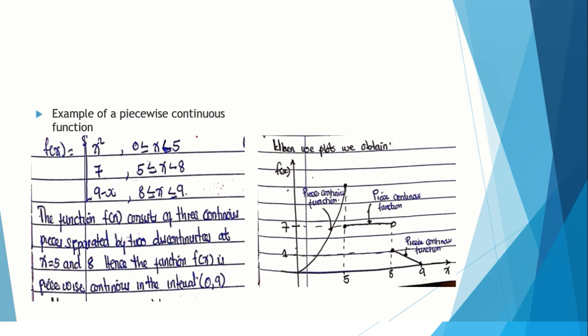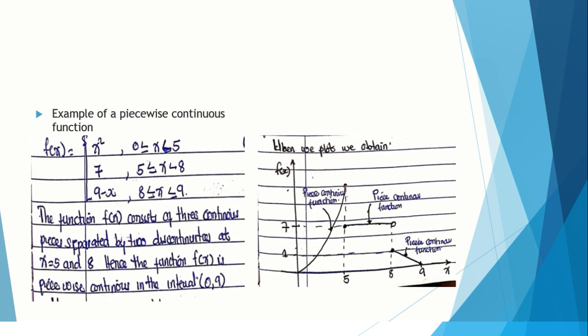For the first function x squared in that range, as we plot f(x) against x, we are going to see that our first function is going to be more of a curve since it is squared. It has a stopping point at 5.